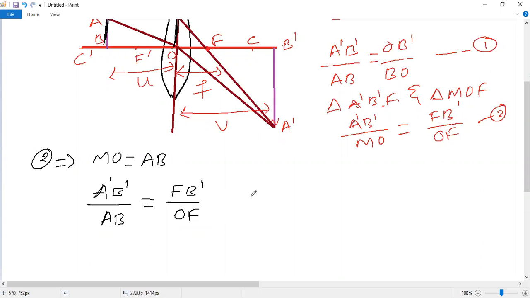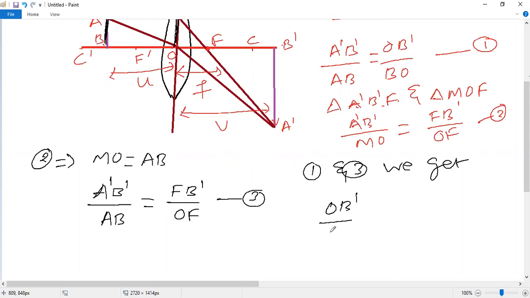Equation number 3. Now, equations 1 and 3: A dash B dash by AB on the left side is the same, so the right sides are equal too. OB dash divided by BO is equal to FB dash divided by OF.